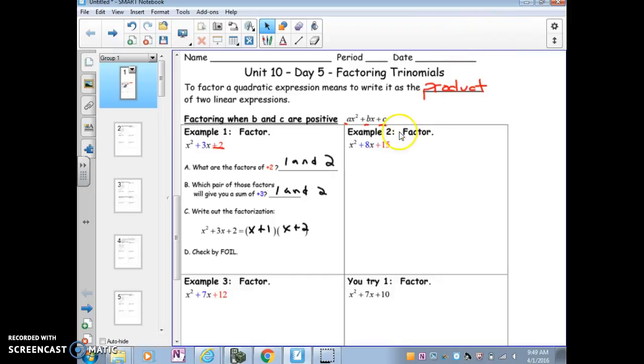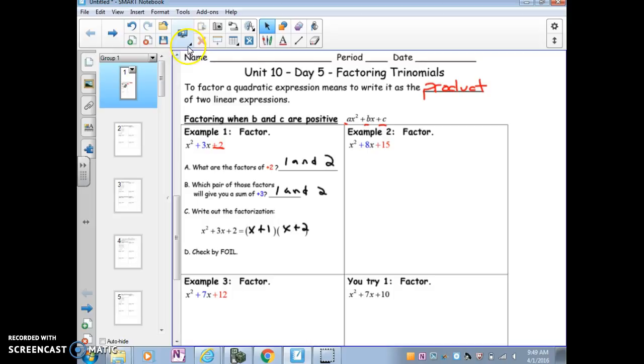Alright, so I'm going to do one more example and then turn it over to you guys. Let's do example number 2, x squared plus 8x plus 15. One thing I would suggest if you're asked to factor a trinomial is that you set up a double bubble. If you look at our answer from the first example, there's 2 sets of parentheses, so that's how your answers are going to look.